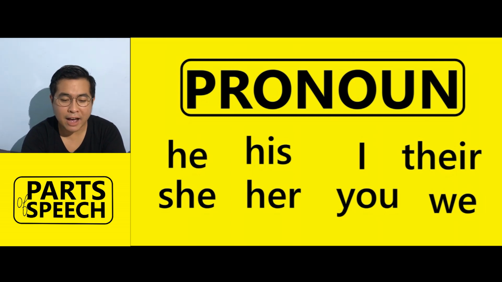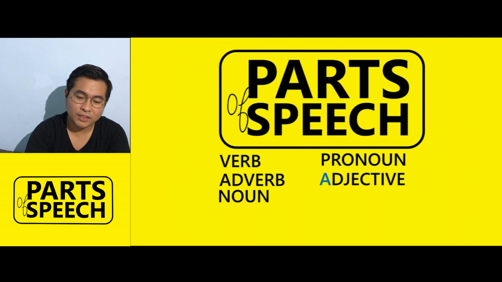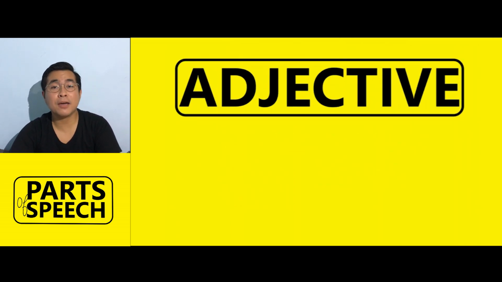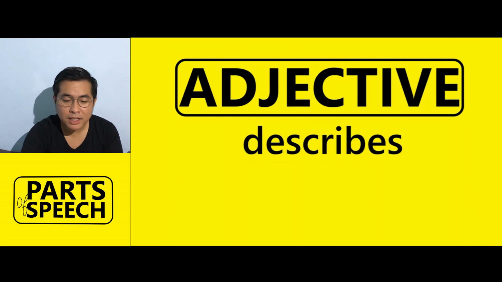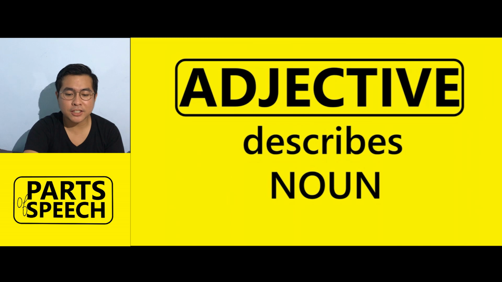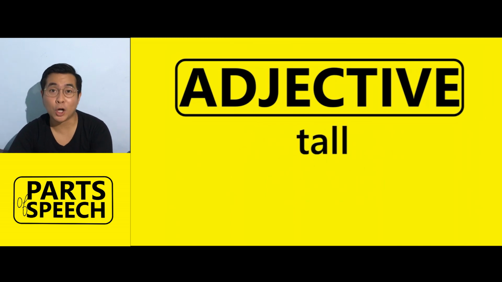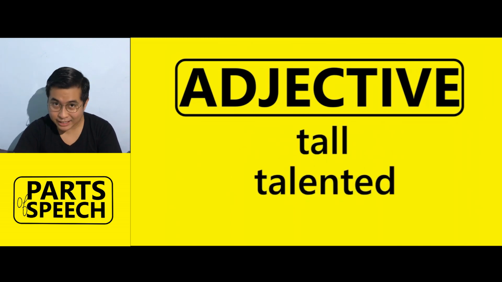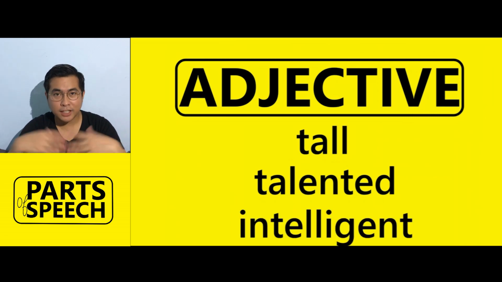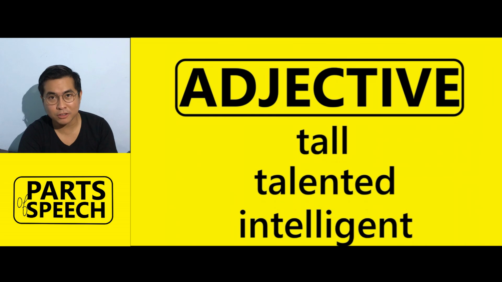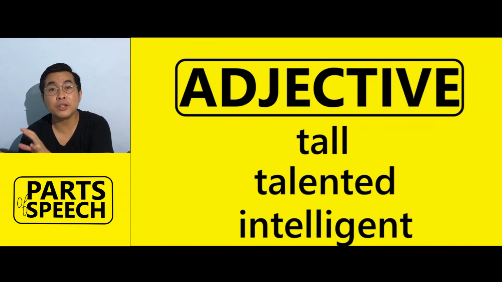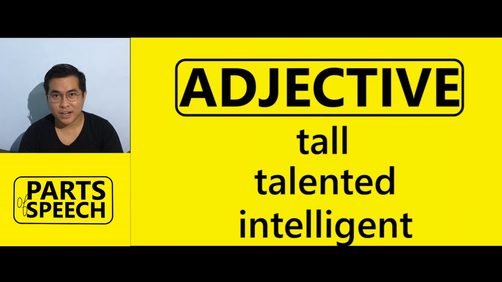Okay? So now let's have adjective. Now for adjective, we have them as the describing words, or they describe a noun, usually. Okay? So for adjective, we have, for example, tall, talented, and intelligent. So if it is describing the noun, it could be your adjective, and it is usually coming before the noun.